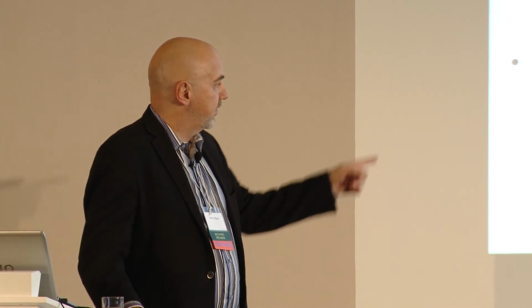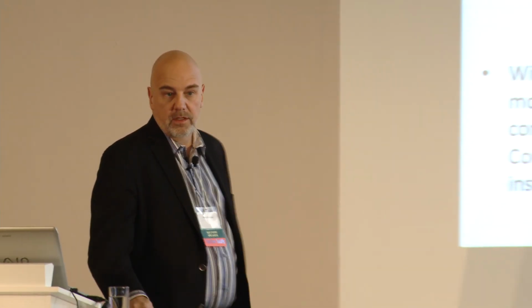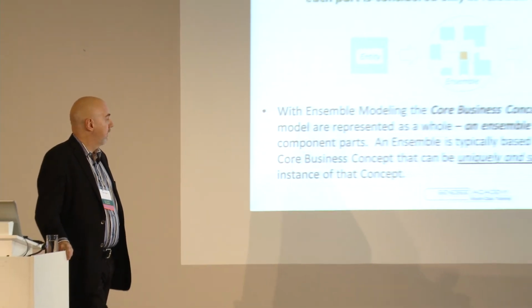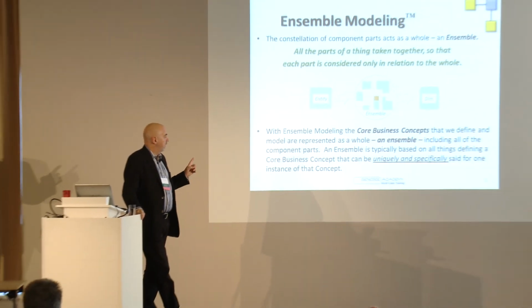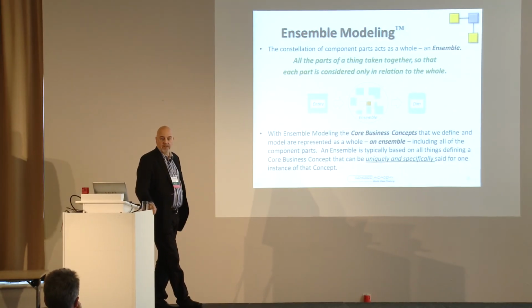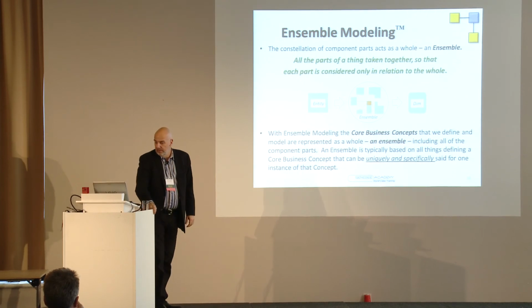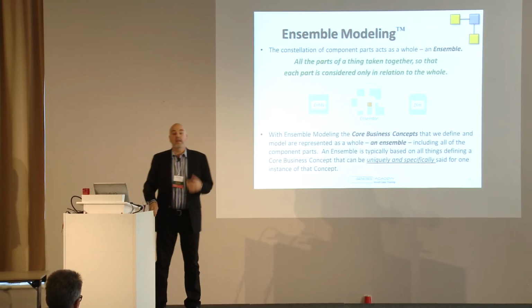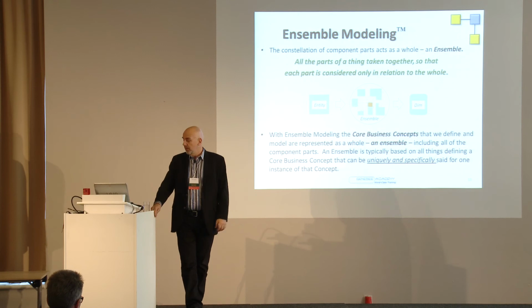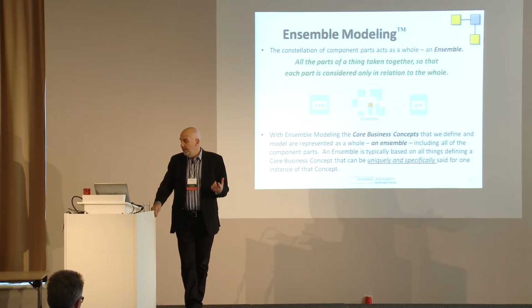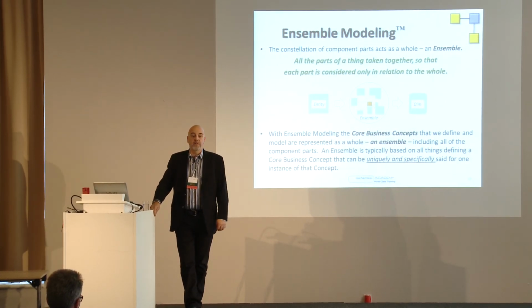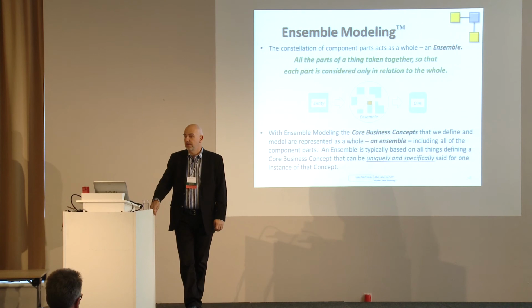I'll highlight two things in here. One is the second part of the paragraph down below. It says, an ensemble is typically based on all things defining a core business concept, again, like customer, vendor, product, whatever, that can be uniquely and specifically said for one instance of that concept. Again, the key dependency.